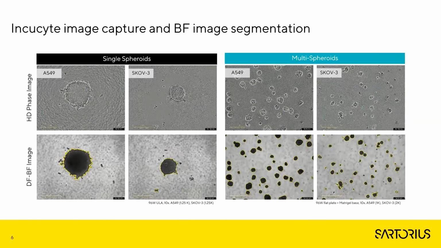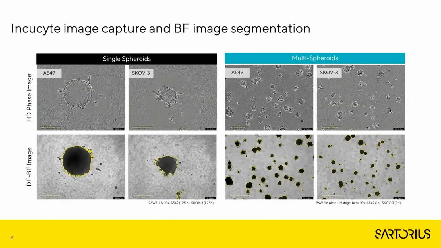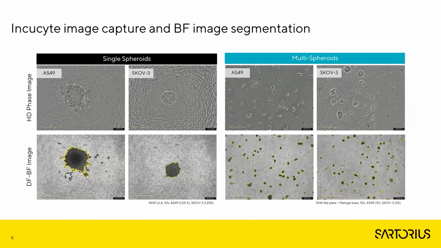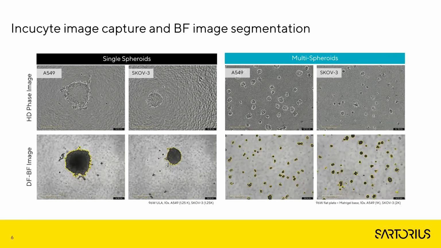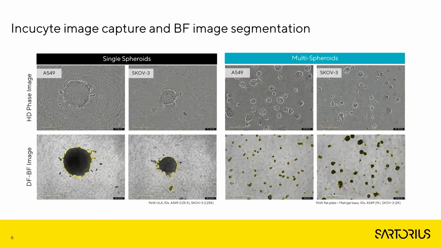To circumvent these challenges, we've developed a proprietary method to capture depth of focus bright field images, referred to as DFBF, for both of these models. Note how the IncuSight is able to consistently segment these bright field images over time, as shown by the yellow outline mask.